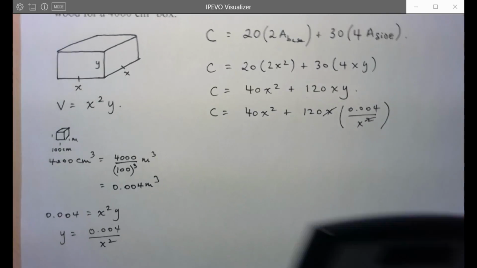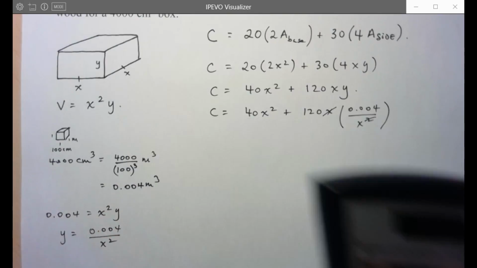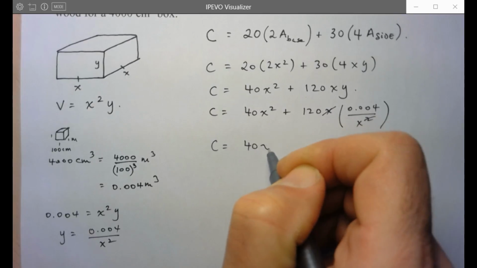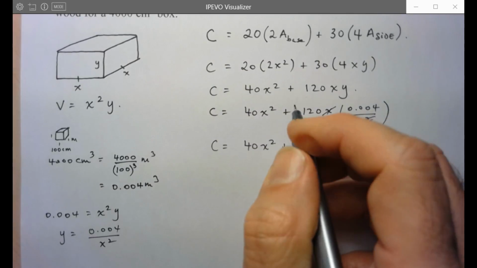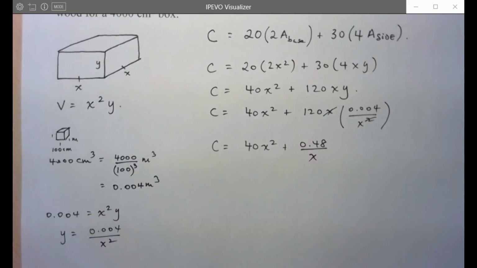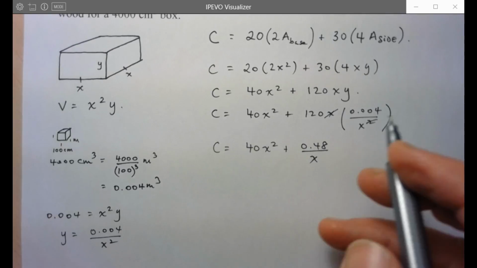And let's calculate 120 times 0.004, and that gives me 0.48. So we have that the cost is given by 40x squared plus 0.48 divided by x. All right, so there's my model.